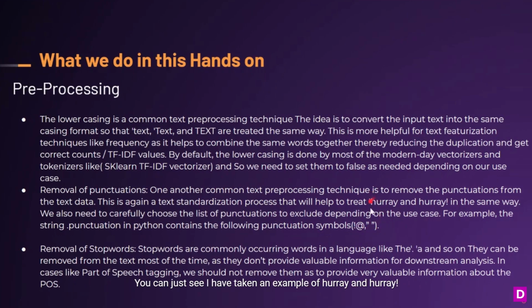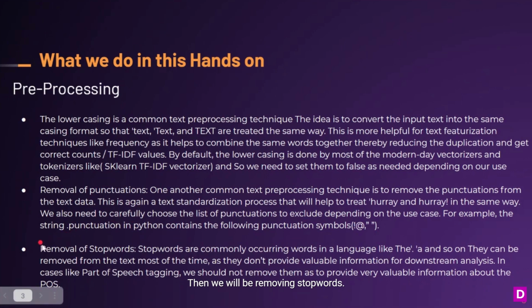You can see I have taken an example of "hurry" and "hurry!". All these things, with the exclamation or single quotes, don't put any weight on the sentiment analysis process or any text analysis process. So the removal of punctuations would be the next pre-processing task which we will be doing in the hands-on.